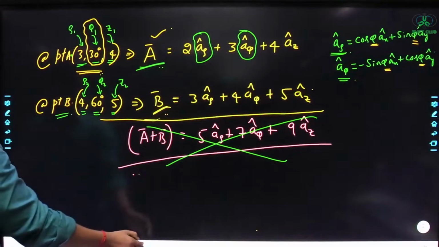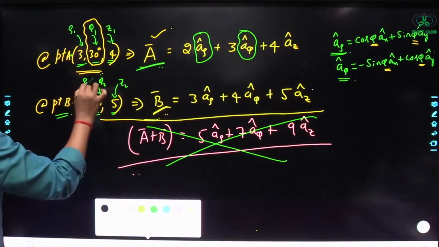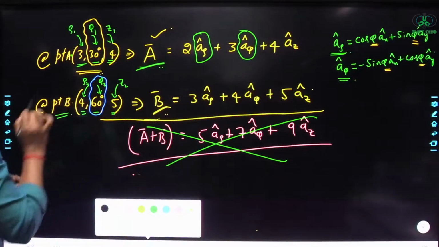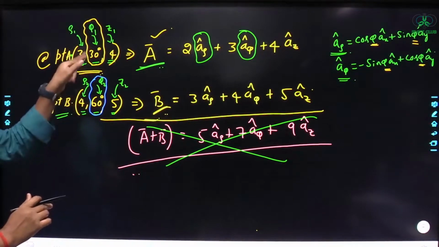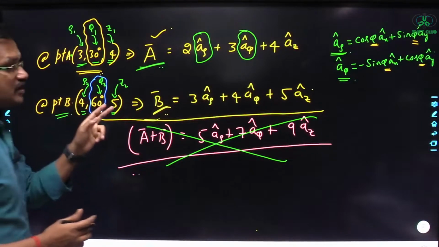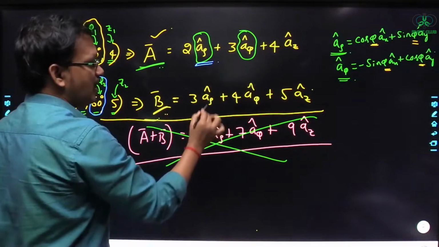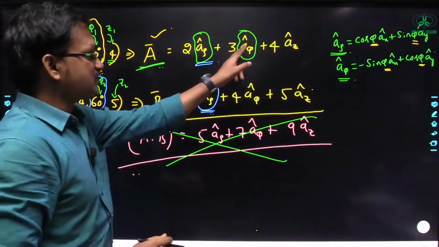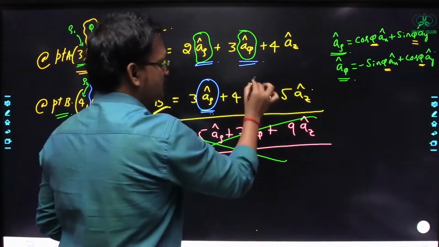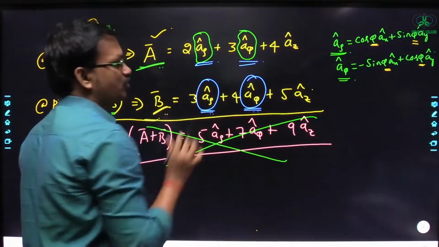Both phi values are different. So the direction of a_ρ cap here and here is different, and the direction of a_φ cap here and here is also different.